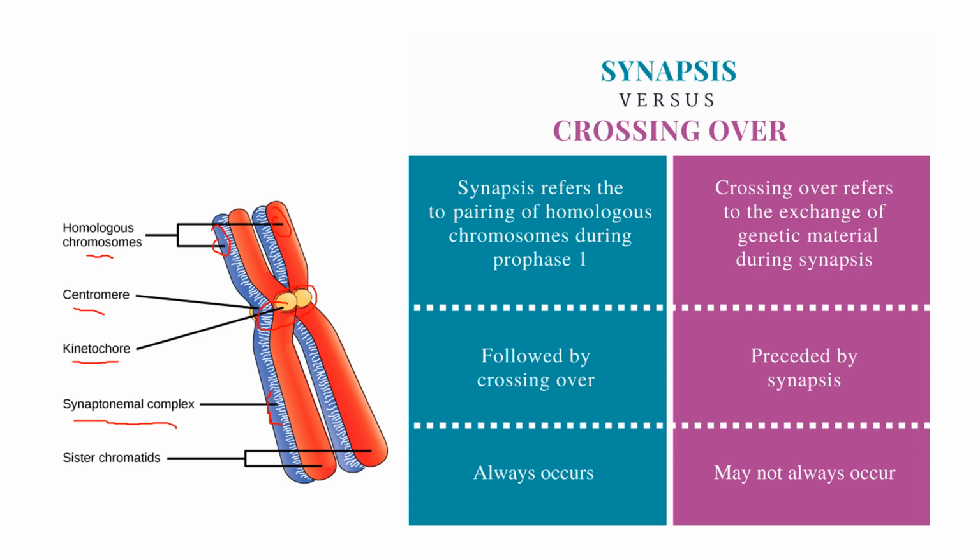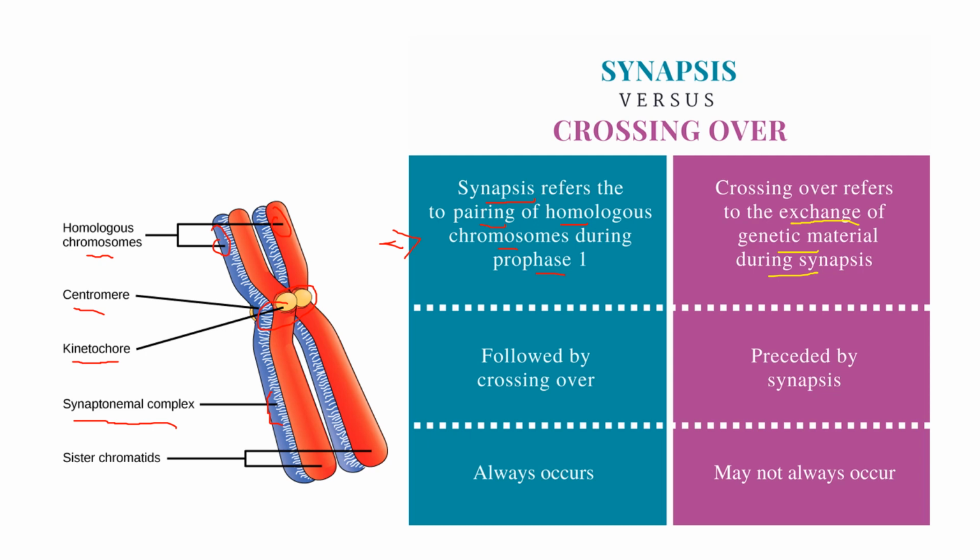So synapsis refers to the pairing of the homologous chromosomes during prophase 1. Okay, so synapsis is pairing. Crossing over refers to the exchange of genetic material during synapsis. So synapsis occurs first, and then there will be the exchange of material.